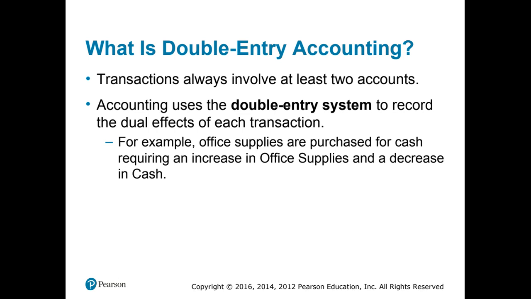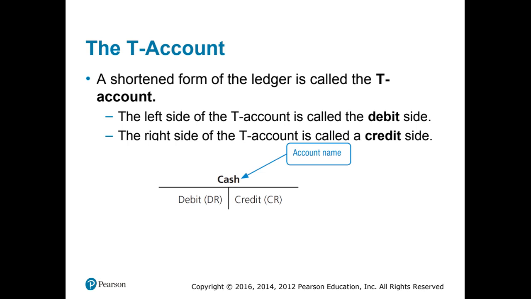So the 2 accounts that were involved are office supplies and cash. And then the T account. The T account is a shortened form of the ledger. The left side of the T account is the debit side. The right side of the T account is the credit side.